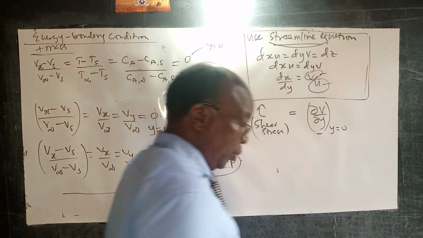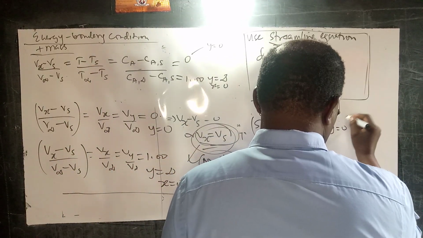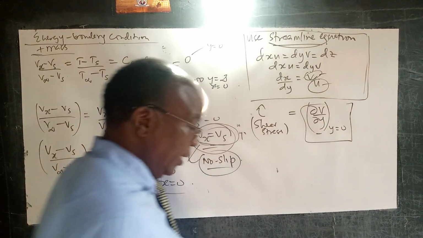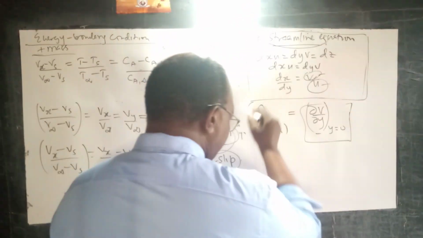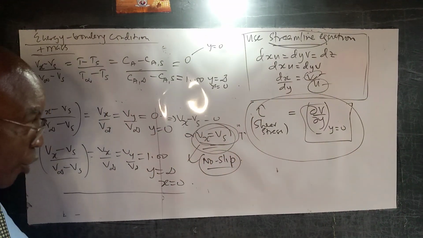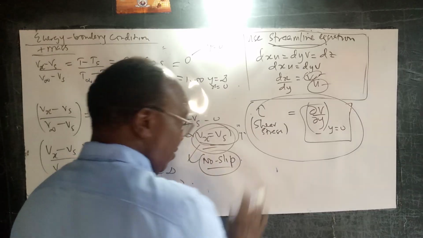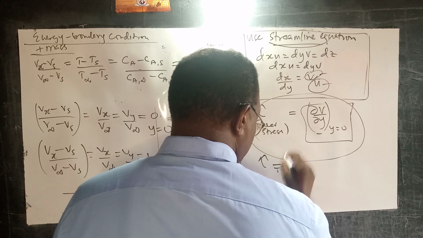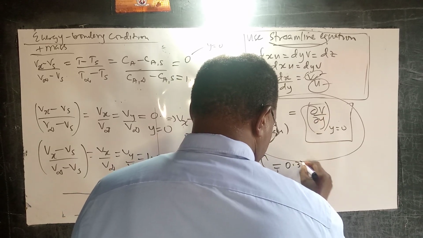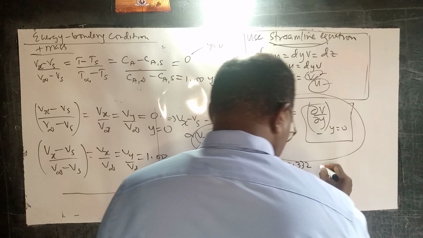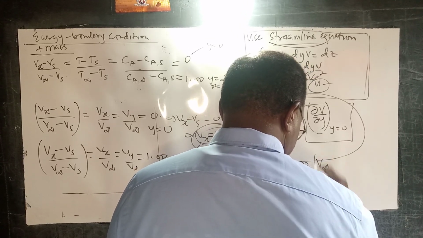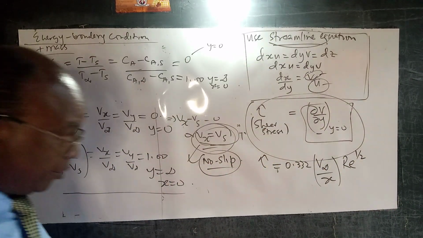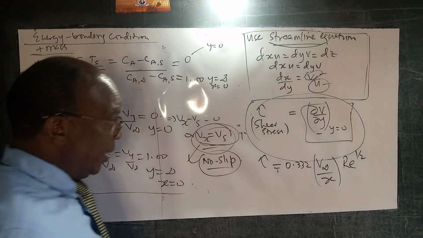When you do that using the streamline equation, you'll find that for the momentum-based one, tau will be 0.332 v infinity over x, times the square root of the Reynolds number.